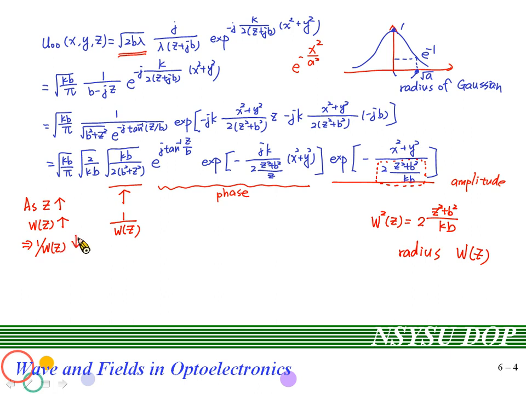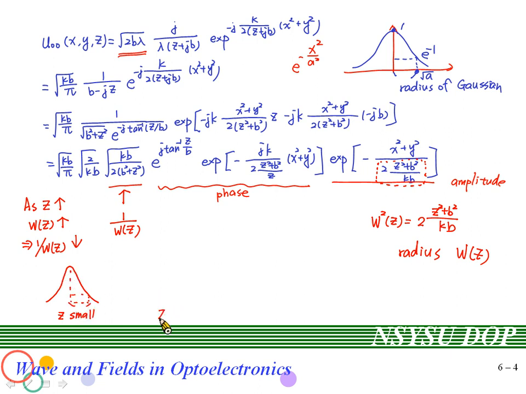This corresponds to the power conservation. As z is small, we have a Gaussian beam like this. The radius of the Gaussian beam is small, but the amplitude is high.